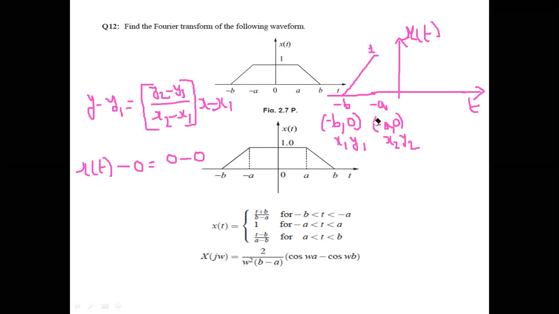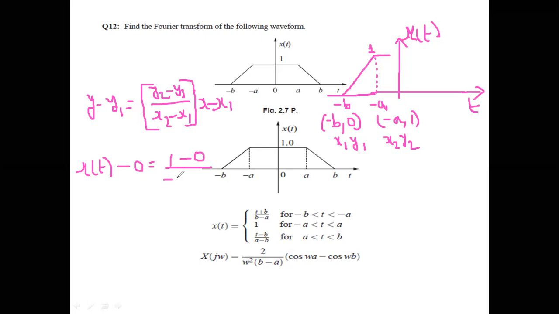The quadrants we drew here are somewhat wrong. See, x is a means the point is on the y-axis, 1, my dear students. The point is minus a and 1, not 0. At a there is a 1. Now y2 is 1, so 1 minus 0 by x2, what is x2 here?